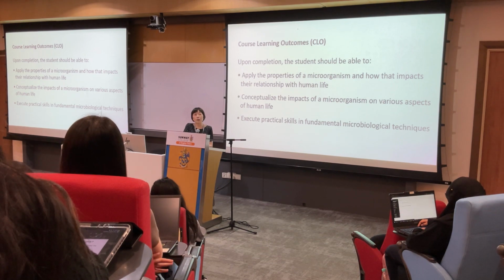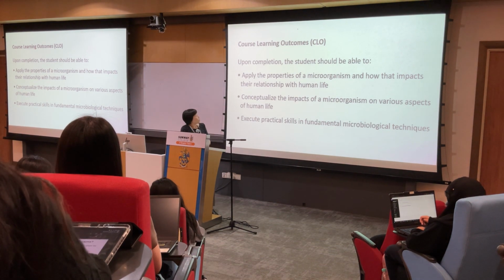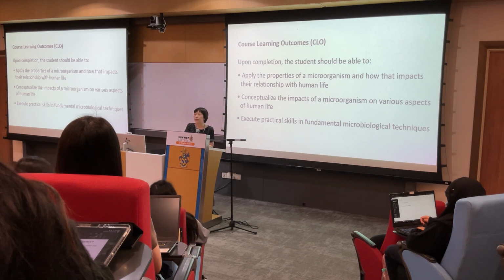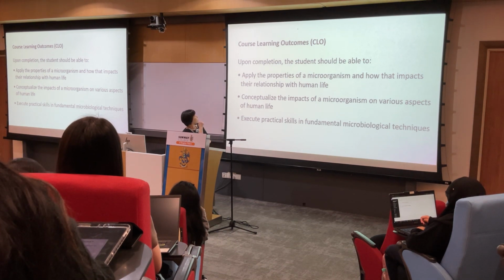For example, we want microbes that can degrade plastic or oil, and also use them as a tool to do a lot of molecular and recombinant work for therapeutics and drug therapy. So this is what they can do. I think one of the chapters should cover this too.